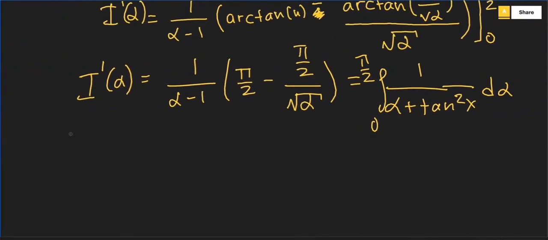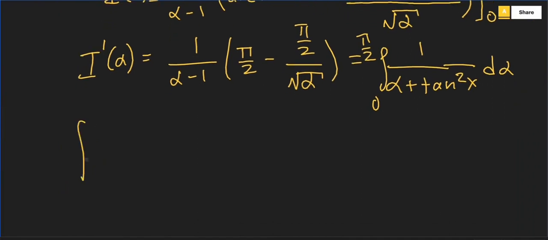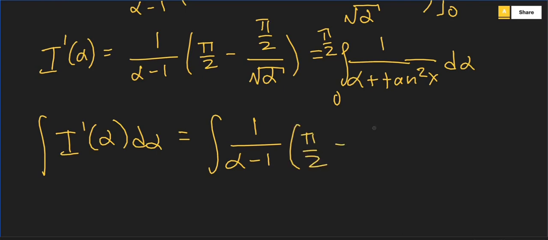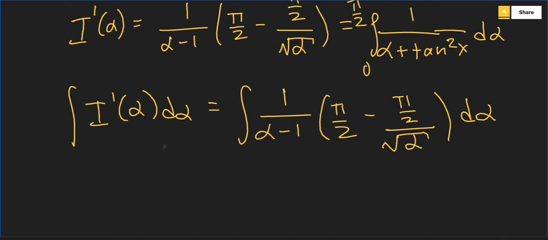So we're going to take the integral of I dash of alpha. Maybe I should write it a little bit down. So yeah, the integral of I dash of alpha d alpha is going to be equal to the integral of 1 by alpha minus 1 pi by 2 minus pi by 2 by root alpha d alpha.